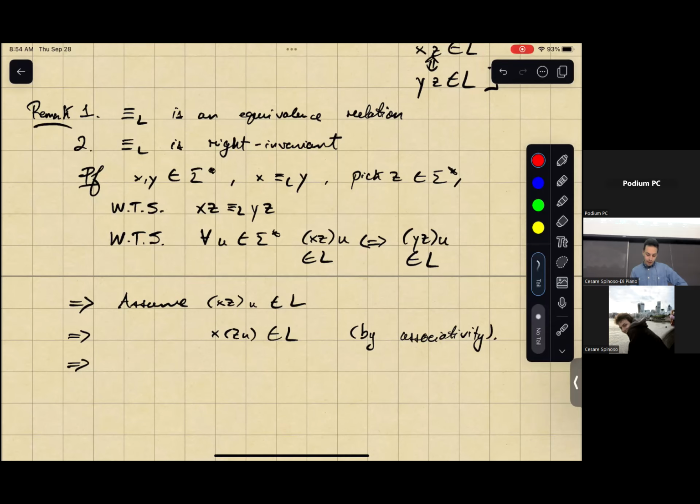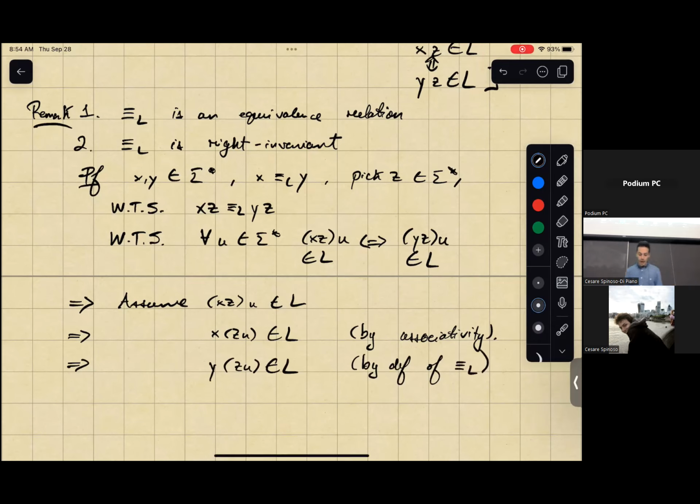And I know that x and y are related via the Myhill-Nerode relation, but by definition, that means that if x plus some string that I stick to x is in L, that means that y plus that same string that I stick to y is also in L. That's just by definition. So this is by definition of the Myhill-Nerode relation.